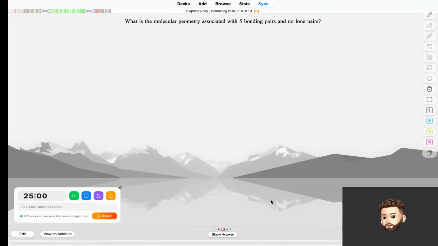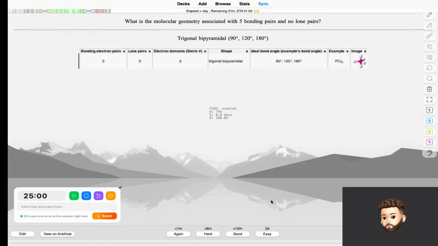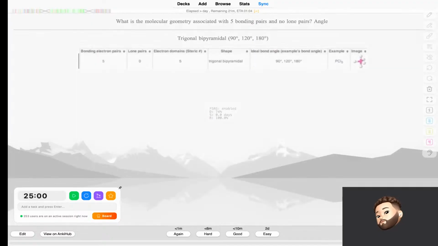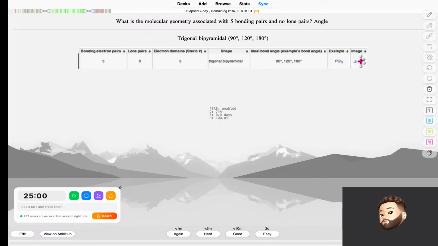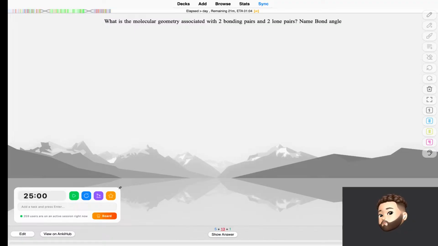Five bonding pairs is trigonal bipyramidal. I forgot about the angle. Let me put it in the question. Two bonding pairs and two lone pairs.